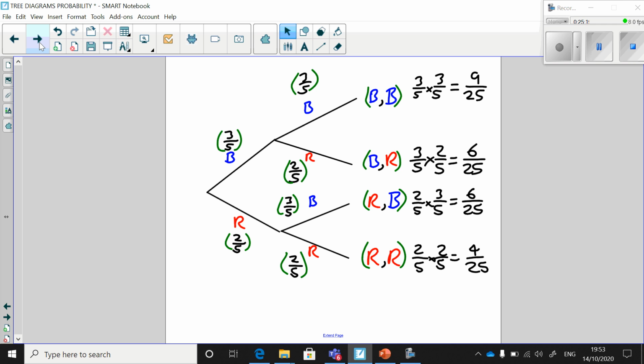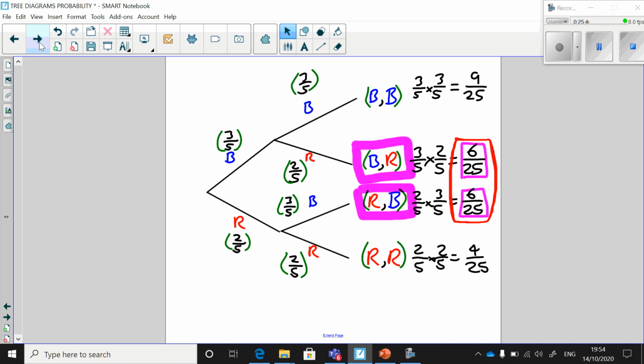So let's go back here. So what are the options? There's a blue and a red, or a red and blue. And so that's that probability, 6 over 25. Next one, red and blue, or blue and a red. The order does not matter. And again, the probability is the same. Is that unusual? I don't know. Well, I do know, but I'm asking you.